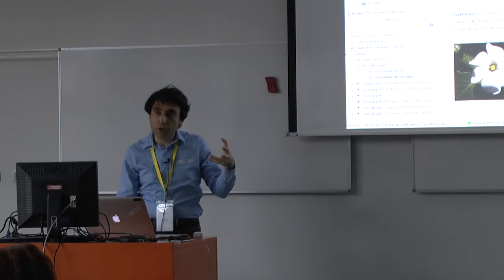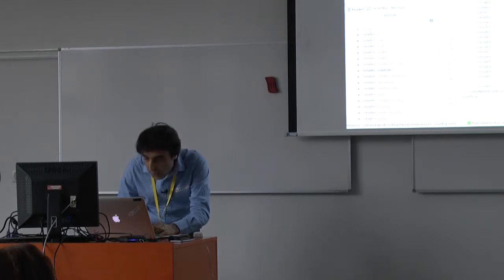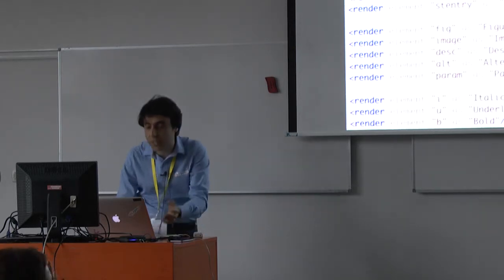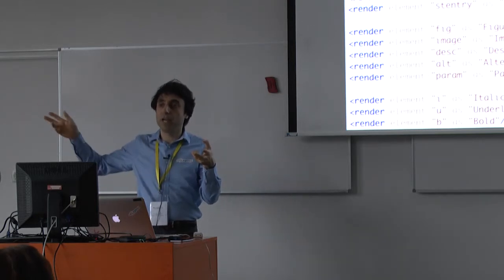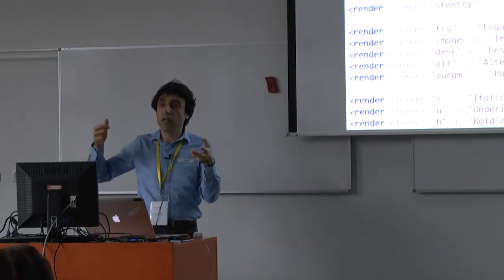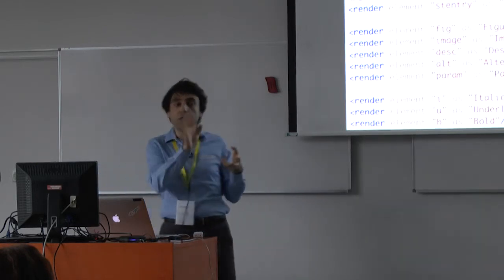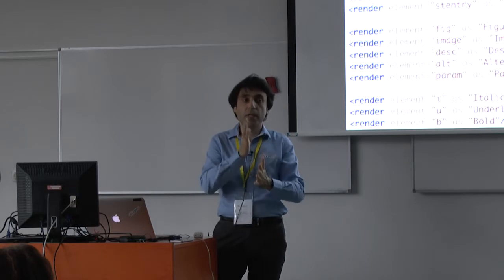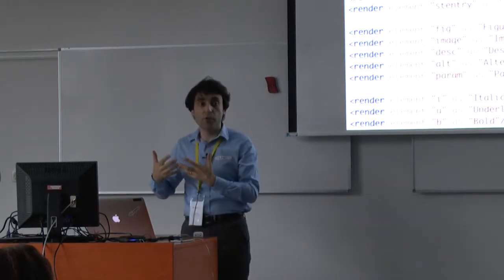Basically Oxygen has a configuration file where you can just say render DL as definition list. So that's basically one line that will have the effect that DL will always be presented as definition list, for instance. So you can use this to remap the actual XML elements to something else for the users.